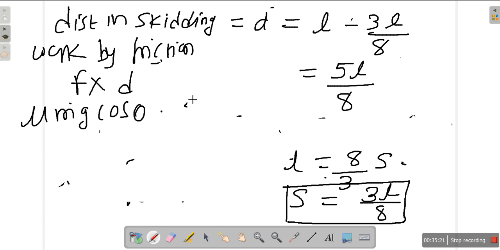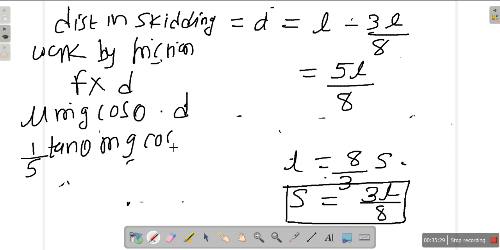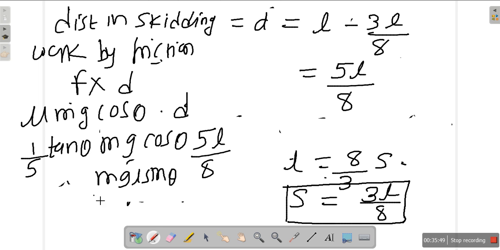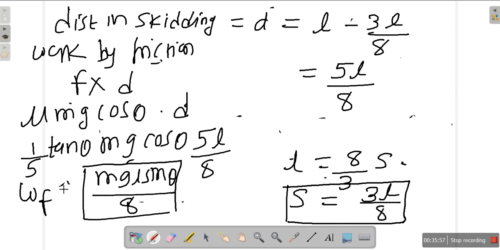Mu mg cos theta into D. Now put the value. Mu is 1 by 5 tan theta into mg into cos theta into 5 by 8. 5 will cancel. Tan into cos is sine, so you will get mgL sine theta upon 8. This is the work done by the friction. It is mgL sine theta upon 8.